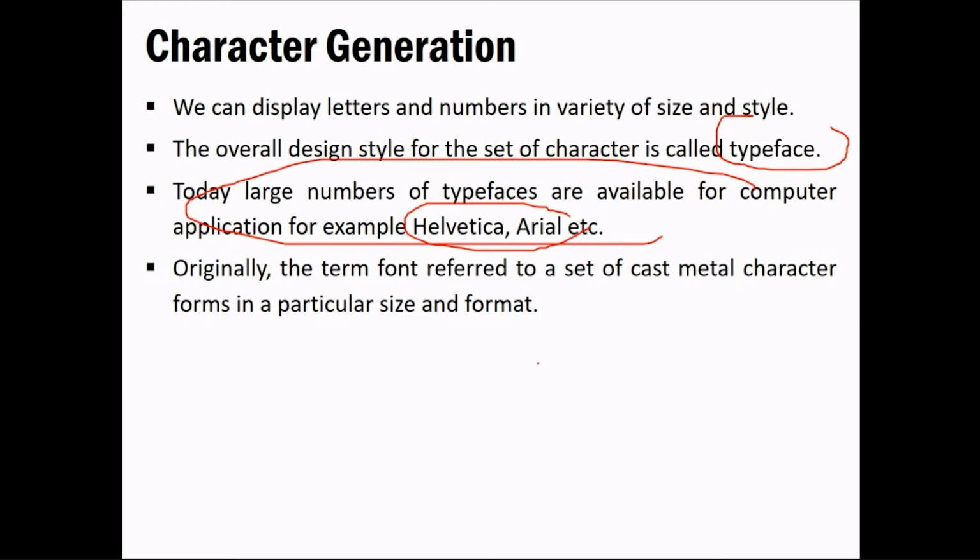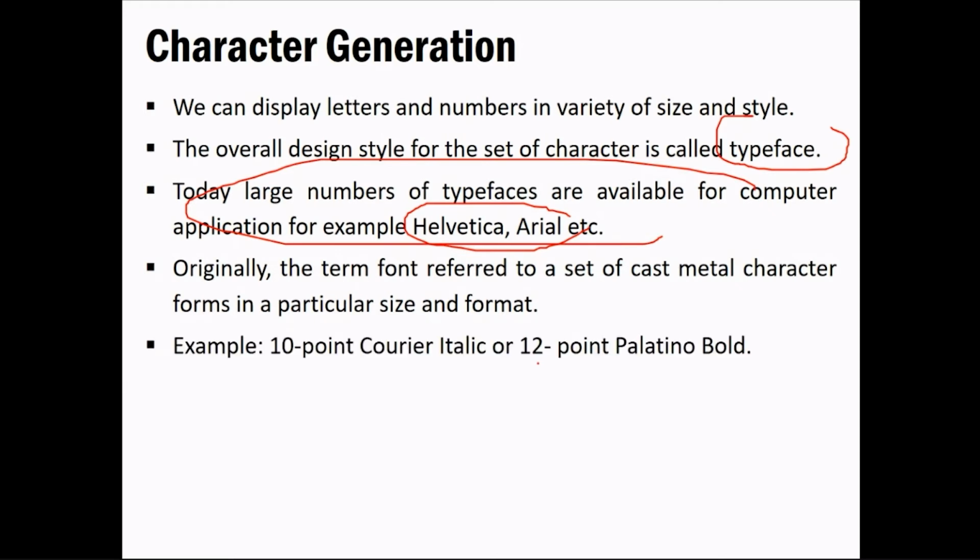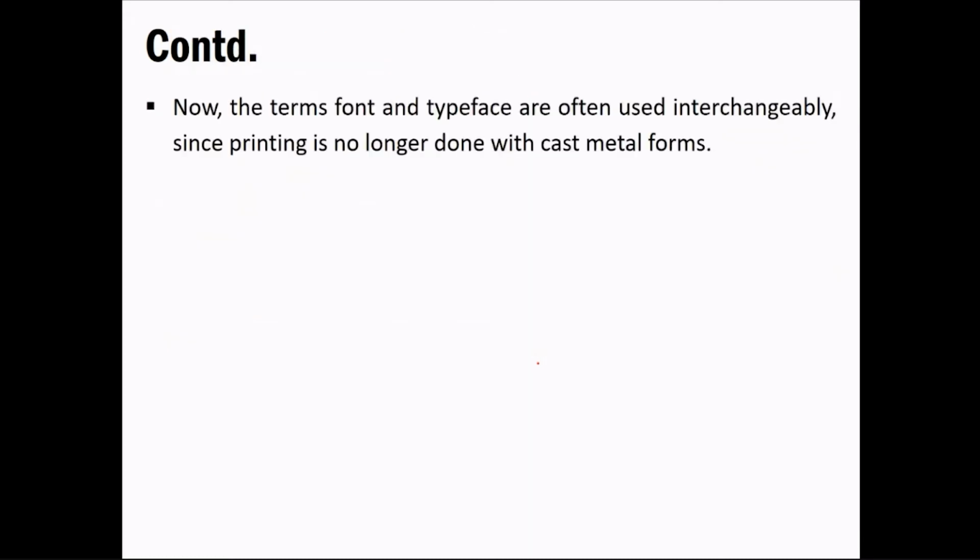You cannot change the metal size as per your need. For example, you have 10-point Courier italic and one bold font, and the things you wanted to display were designed in that manner only. You were not able to change it dynamically. Now the terms font and typeface are often used interchangeably, but you'll be using the term font, since printing is no longer done with cast metal form.